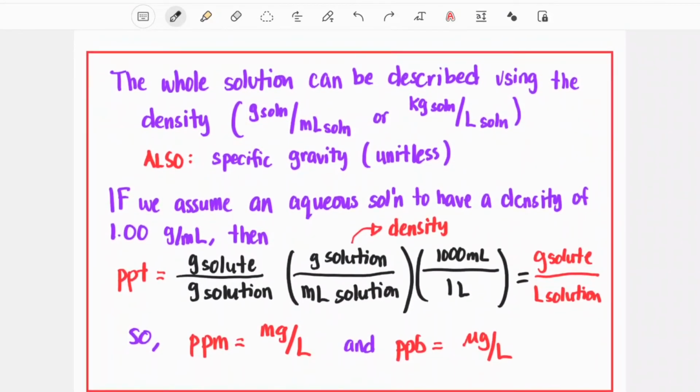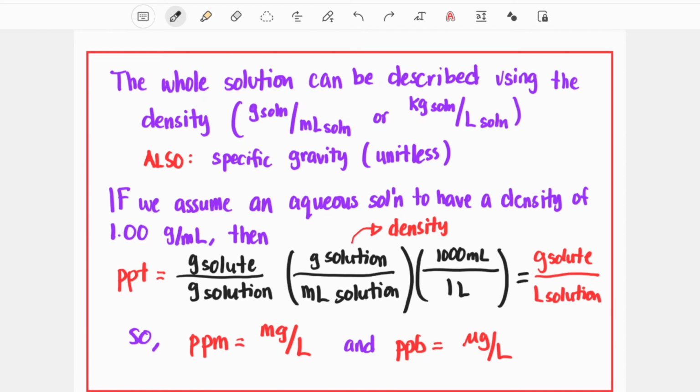Another value that is important is the density. So the whole solution can be described using the density. So it's not the solute in terms of the solution anymore. It's the grams of solution in terms of the milliliters of solution. Alright? So density is usually expressed in grams per ml. Sometimes it is expressed in kilograms per liter.